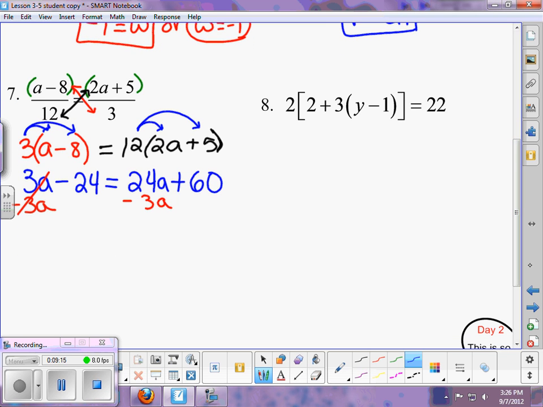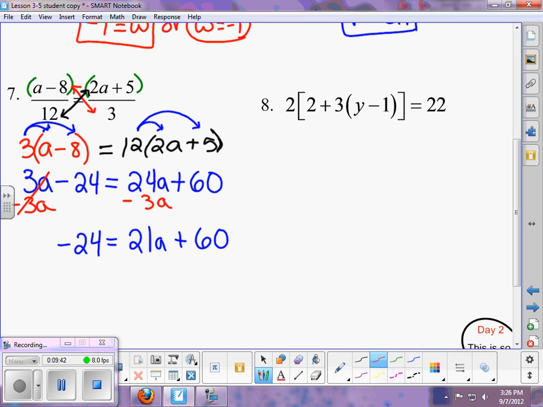So continuing on, what is left on the left-hand side is a minus sign in front of the 24. So remember that minus sign gets copied down in front of that 24 also. Therefore, when we read this problem, now we would read it as negative 24 equals 24a minus 3a is 21a plus 60.